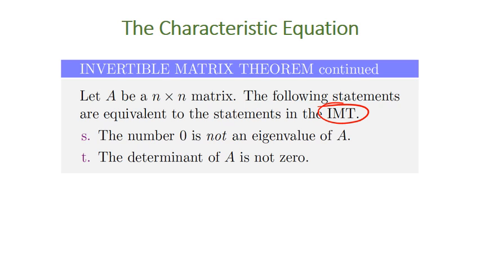So the number 0 is not an eigenvalue, and the determinant of A is not 0. Okay, so more of these are equivalent in the invertible matrix theorem. That concludes section 5.2 and really concludes our work in chapter 2. The end is, or I'm sorry, chapter 5. The end is near.